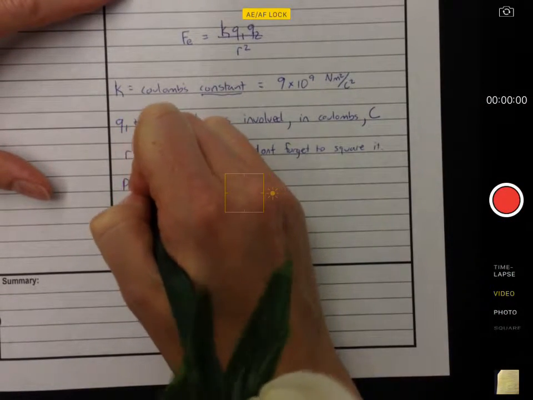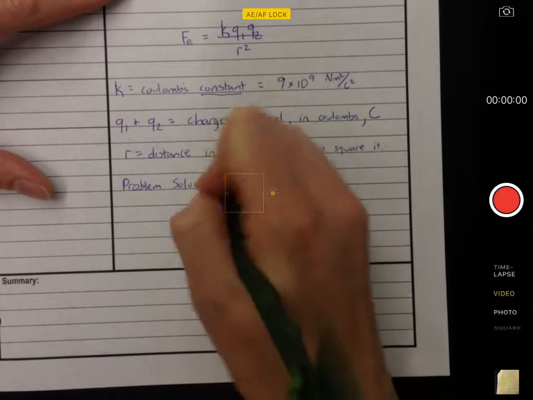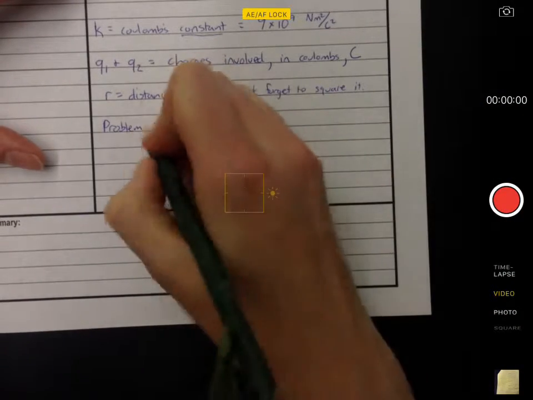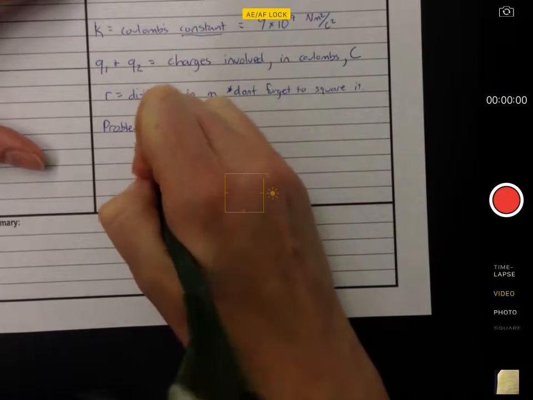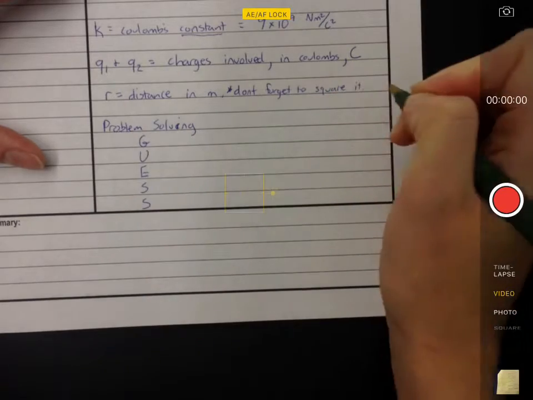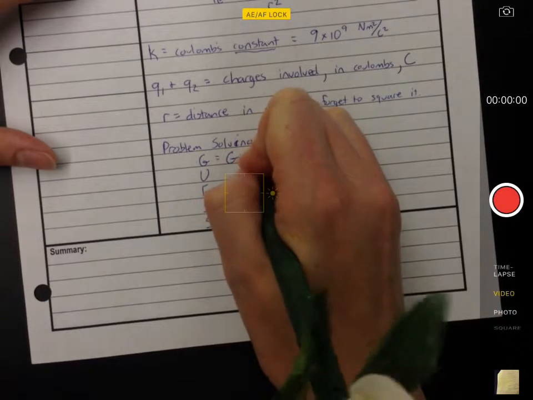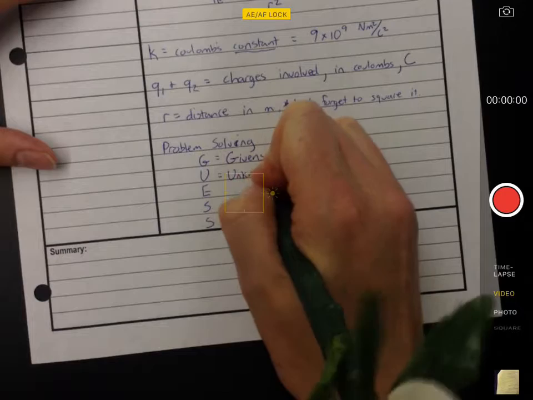So on the back side of this Cornell paper, we're going to talk about how to use this to solve some problems. Problem solving. And so we're going to write down my basic method here. I call it the guess method, GUESS. So in physics 2, you're going to be guessing some equations here, but guessing is what you're going to do. G stands for givens. That's where you write down what you know. U stands for unknowns.